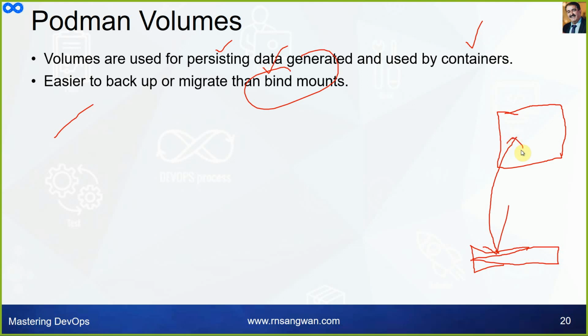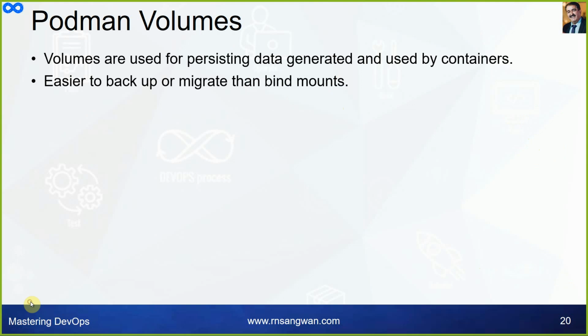There are three options. One, you use a bind mount. Bind mount means you associate a physical path from your file system to this container. So all the data from the container, or generated by the container, will go to that path. Whereas if you say volume, that can be used to store the data. In that case, you are creating an NFS server or you are simply using another driver.